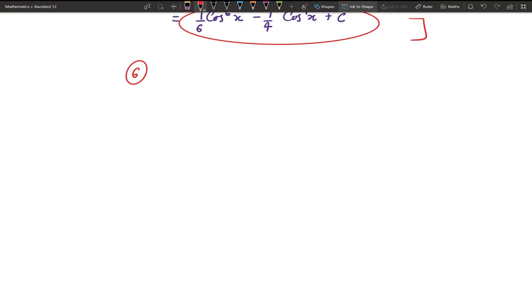integrate the function sin x into sin 2x into sin 3x. Actually this is a multiplication form, so we have to convert it into a linear combination of sine or cos functions. We denote this integral by I. We write sin 3x sin 2x sin x dx.